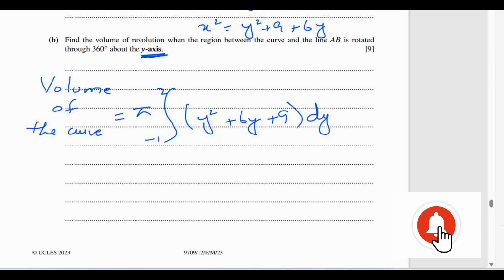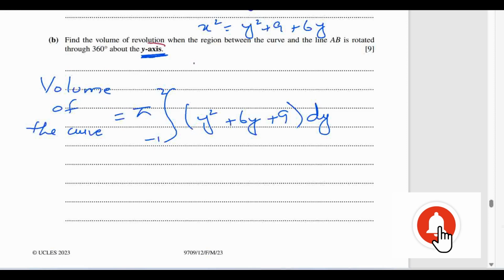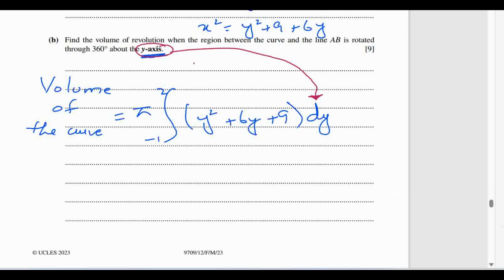अच्छा, ये याद रखें आपने, याद रखना है आपने कि जब आपके पास y एक्सिस के अराउंड रिवॉल्व होगा तो आप डिफरेंस इंटीग्रेट करेंगे विद रिस्पेक्ट टू y, और अगर ये x एक्सिस के अराउंड रोटेट कर रहा है तब आपने विद रिस्पेक्ट टू x इंटीग्रेट करना है.